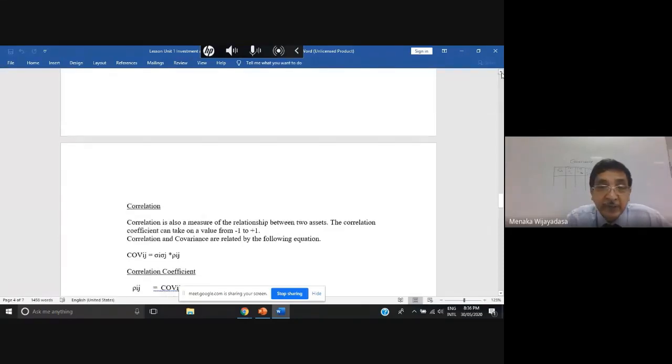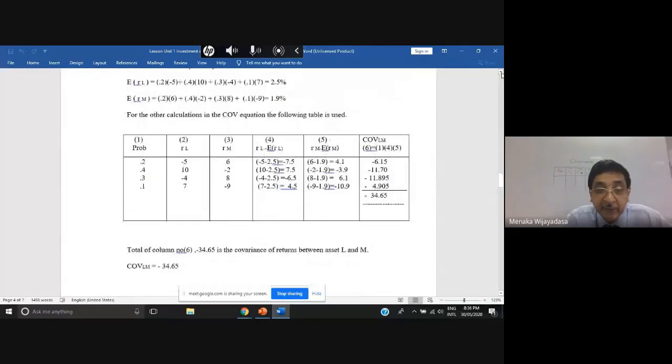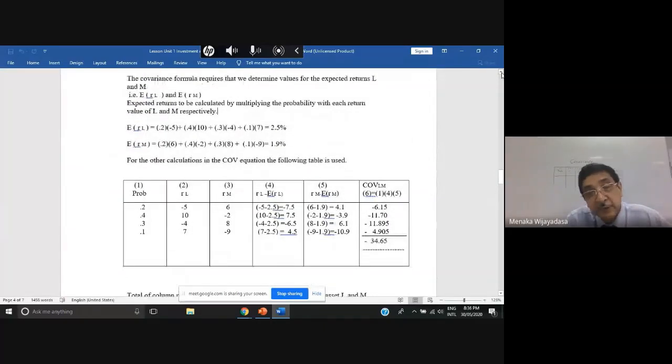Now I want to get an idea whether you understood the way the covariance is calculated on the basis of futuristic or expected figures. Is that clear? Yes.